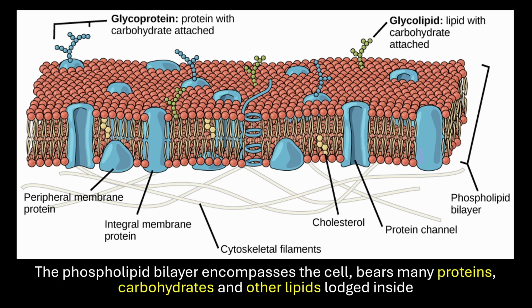They serve a variety of different functions that we can dive into at a later time, but essentially they're ways that the cell interacts with its environment. They allow some things to pass freely through the membrane and prevent other things, and so on.